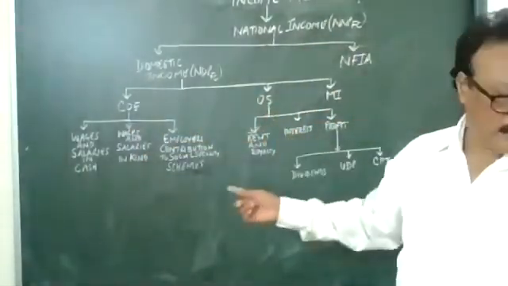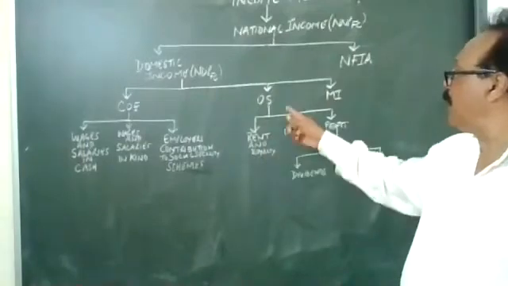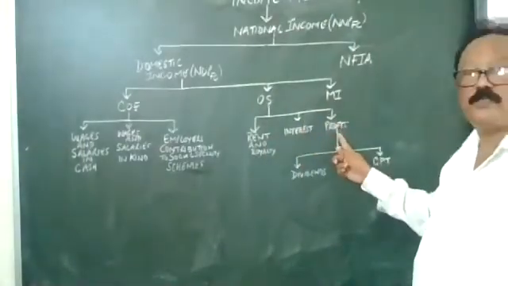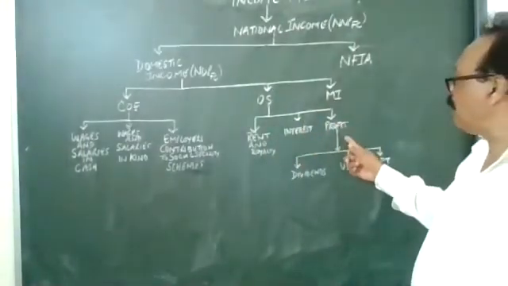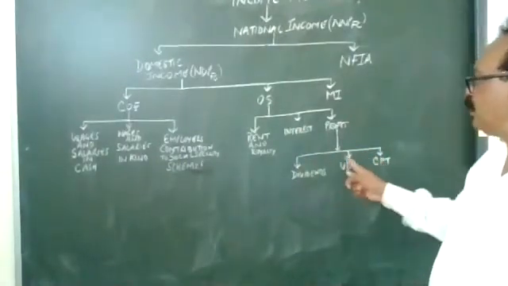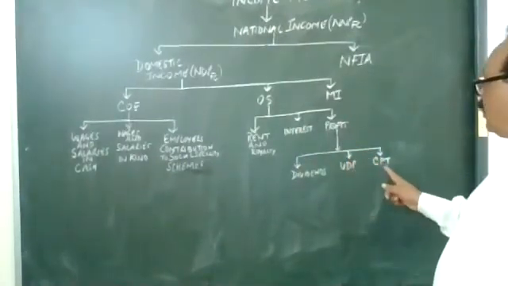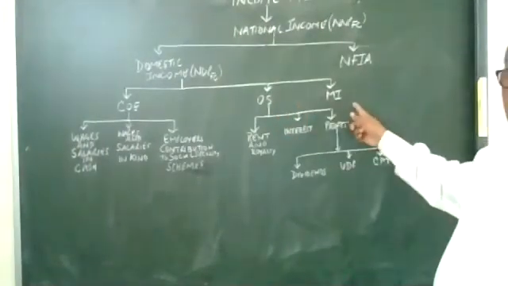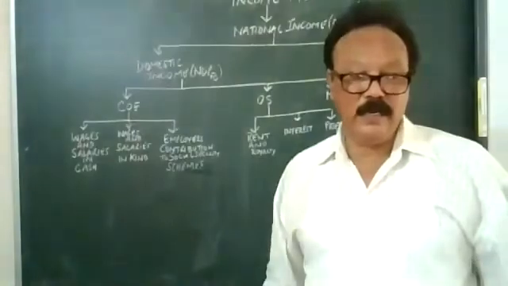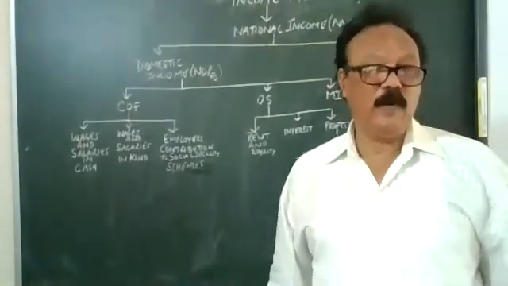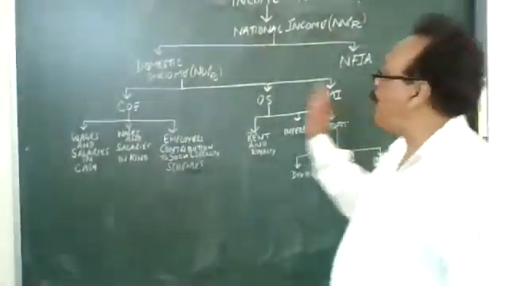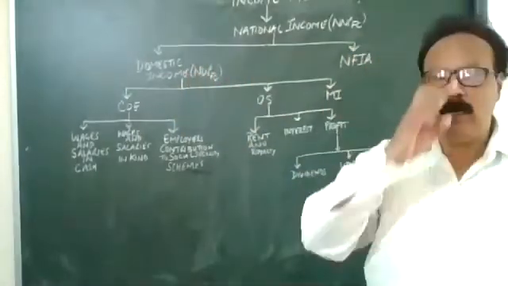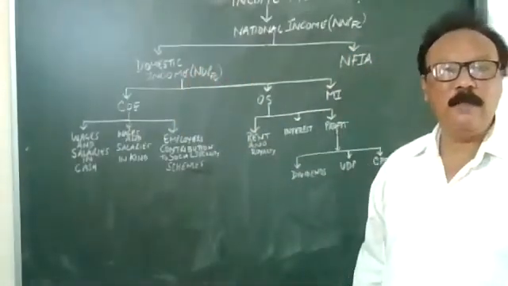Operating surplus includes rent and royalty, interest and profits. Profits are further subdivided as dividends, undistributed profits, corporate profit tax. And the third is mixed income, which is the income of self-employed persons. When you add all this up, you get the domestic income, the NDP at factor cost.